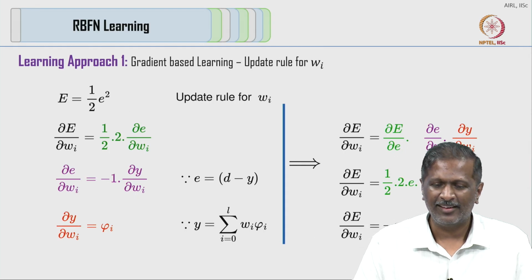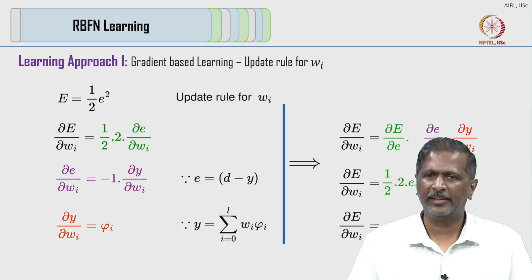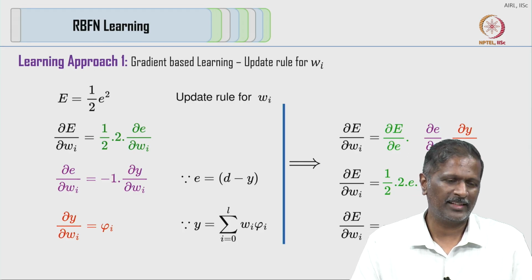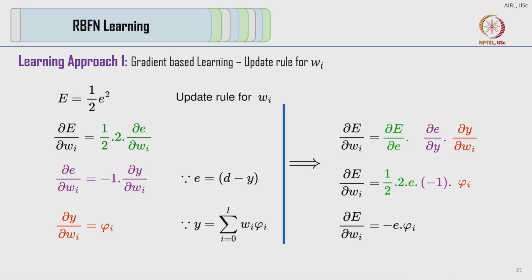The other way is like what we did in the multilayer perceptron. We define the error. Let us say E is equal to 1 by 2 e square. What is the error here? Small e is nothing but D minus Y. I define the loss. The best way is I can do the gradient update, right. How do I find dou E by dou Wi?